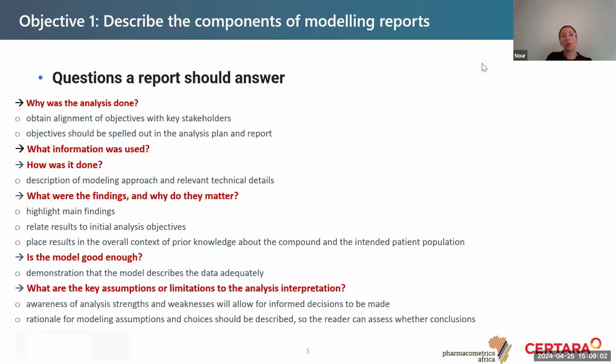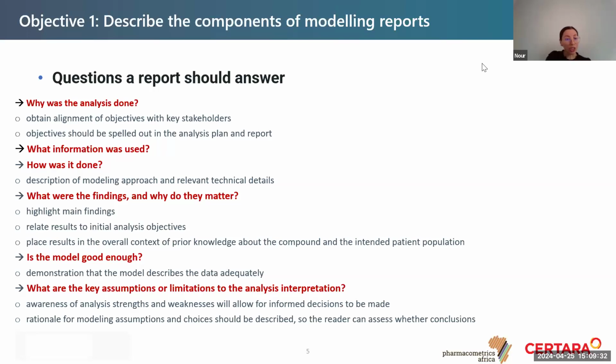We especially talk about the data source here. How was it done? Here we are on the description of the modeling approach and relevant technical details. And what were the findings and why do they matter? So here you should highlight main findings in your report, relate results to initial analysis objectives, and place results in the overall context of prior knowledge about the compound and the intended patient population.